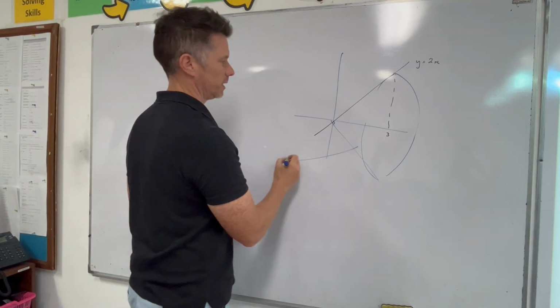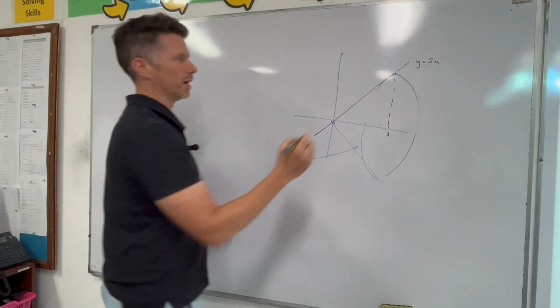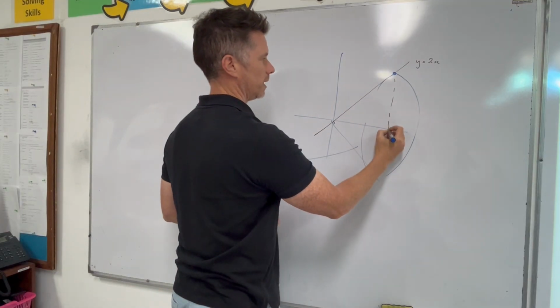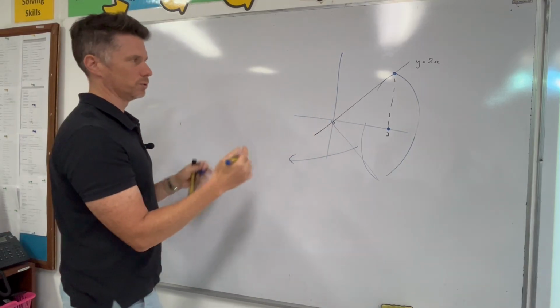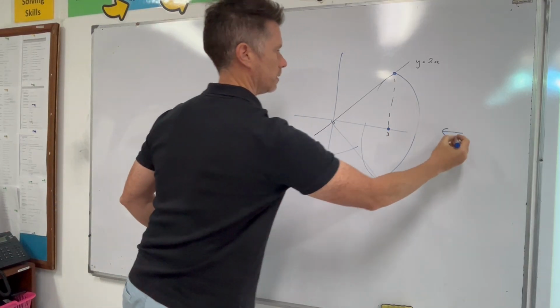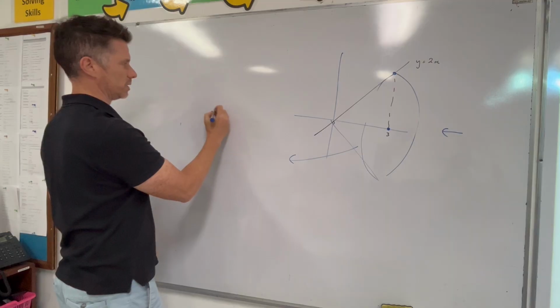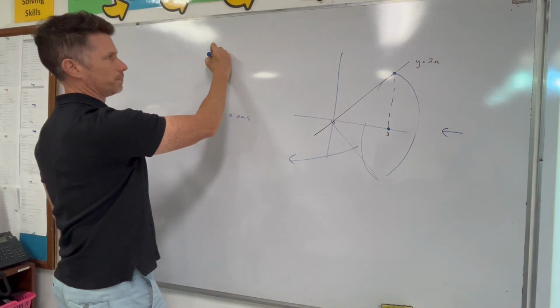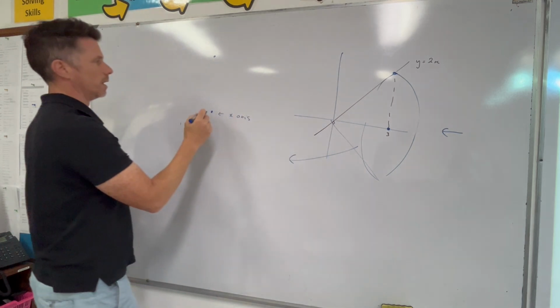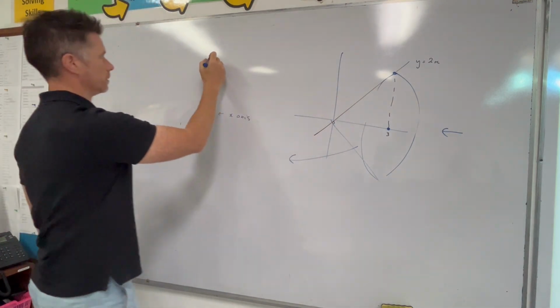Now, if you just take that and imagine you're looking at this point and the x-axis, and we've turned our vision to just looking down from this way, from up here, there's a circle there, right?